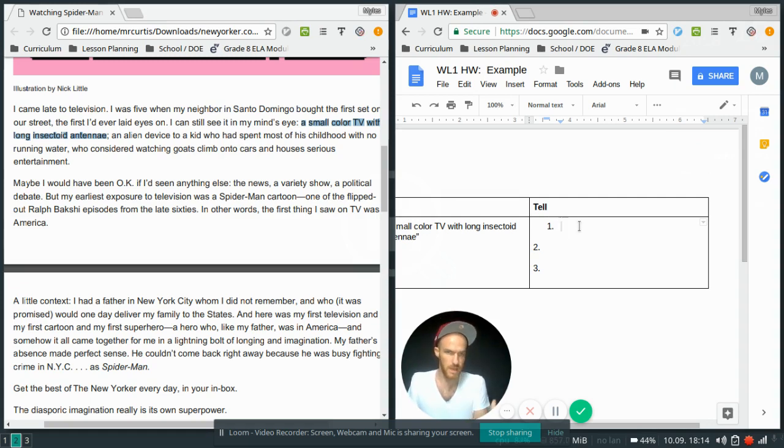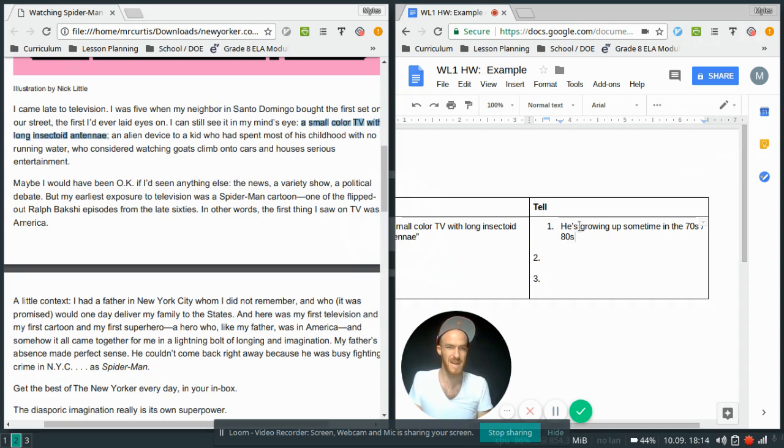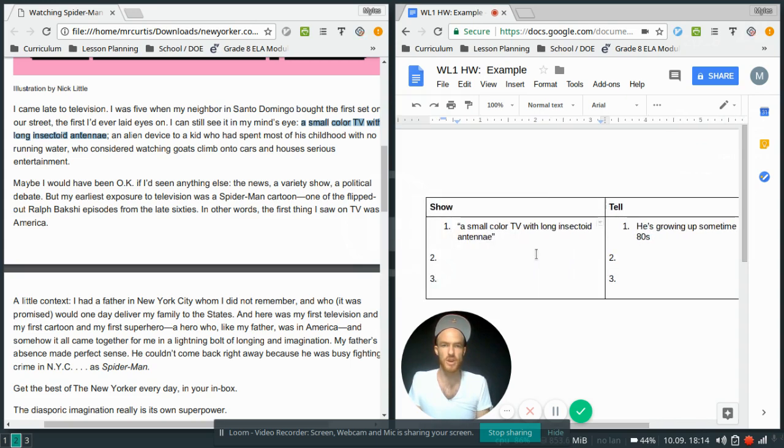Well, it helps you locate the time and place. A TV with long antennas shows that he's growing up sometime in either the 70s, maybe 80s. There are not many 90s TVs with antennas, so that's what I'm going to infer from that detail.